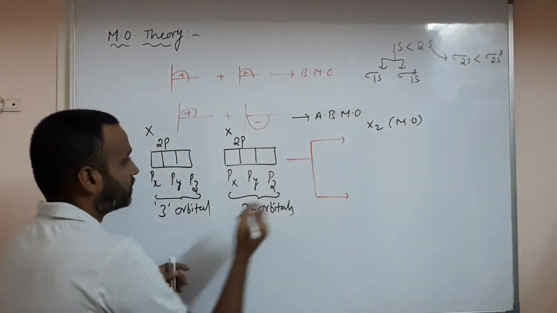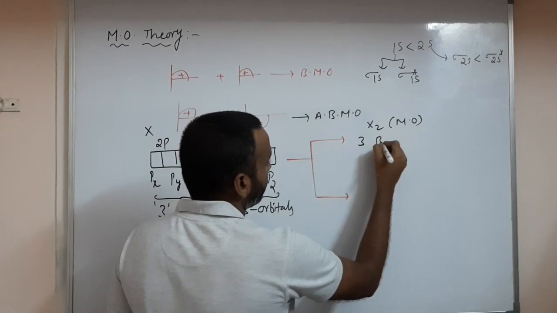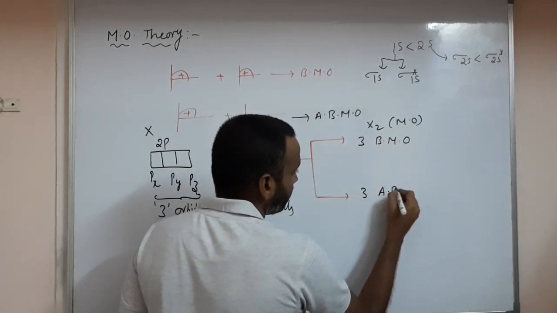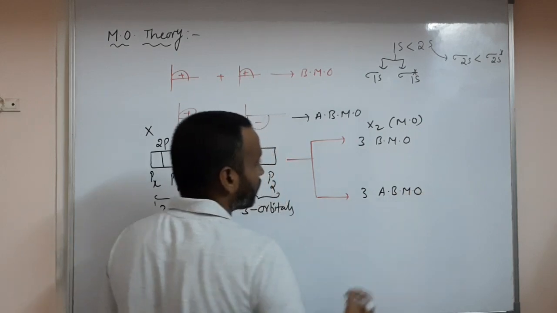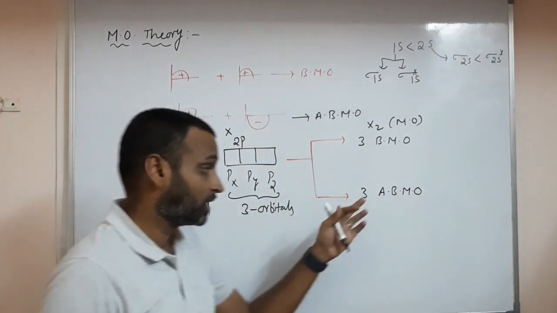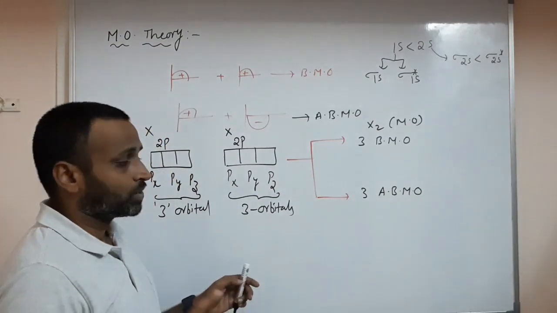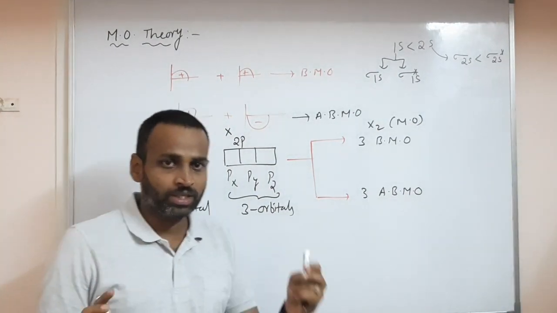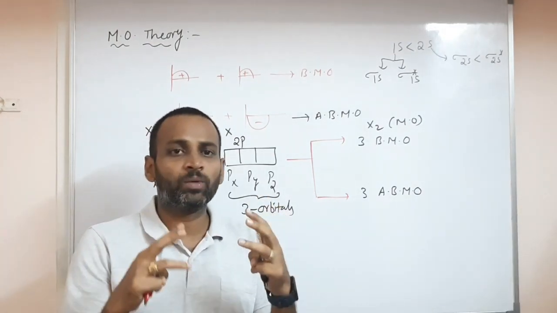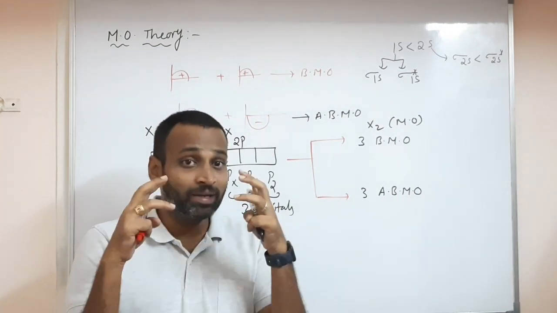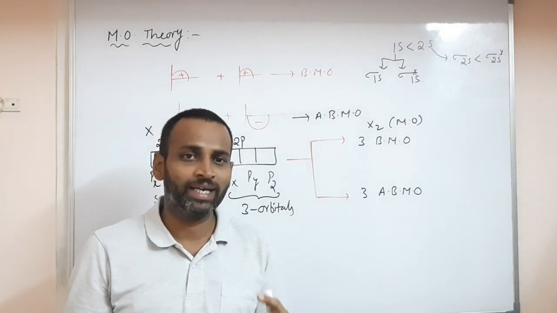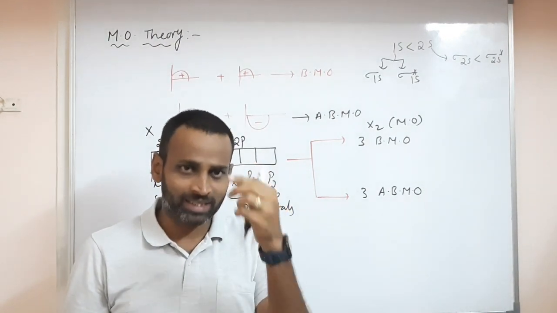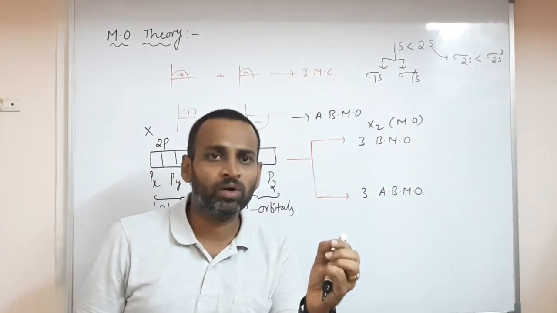So here there are 3 bonding molecular orbitals and 3 antibonding molecular orbitals. Those structures we discussed in first year itself. What are those three bonding molecular orbitals? When three bonds are forming, as I told you many times, if a compound has a double bond, then one is sigma and one is pi.